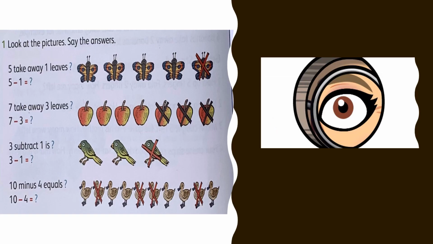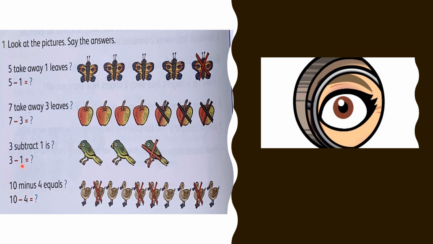If we look at this page, we see that they want us to find out how many are left, the big question of subtraction, for each group of pictures. So let's look at the first set of pictures, which are the beautiful butterflies.